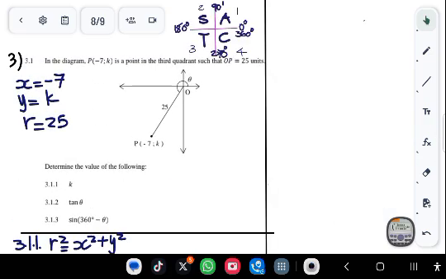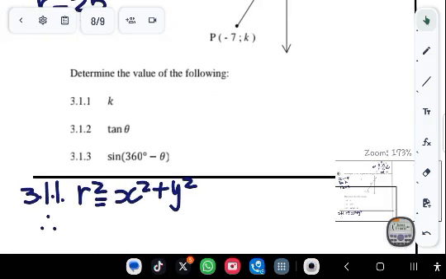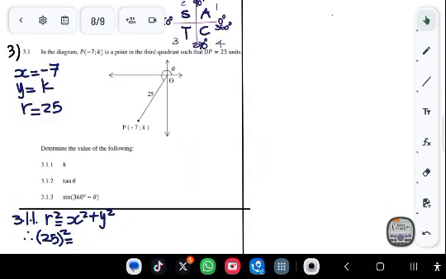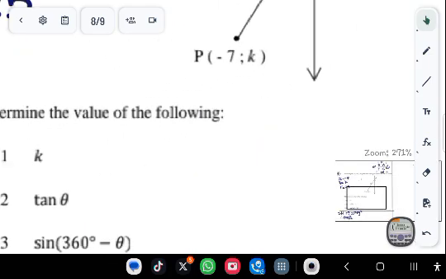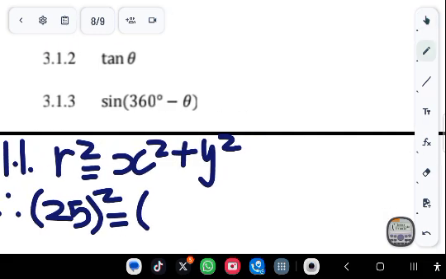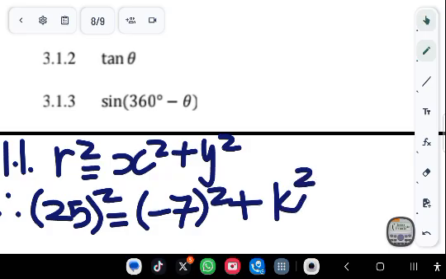Substitution is important because they give you marks for that. So always make sure you substitute first before you work the answer out. So 25 all squared equals x is negative 7, there it is, negative 7 all squared, plus, and the y is k squared.